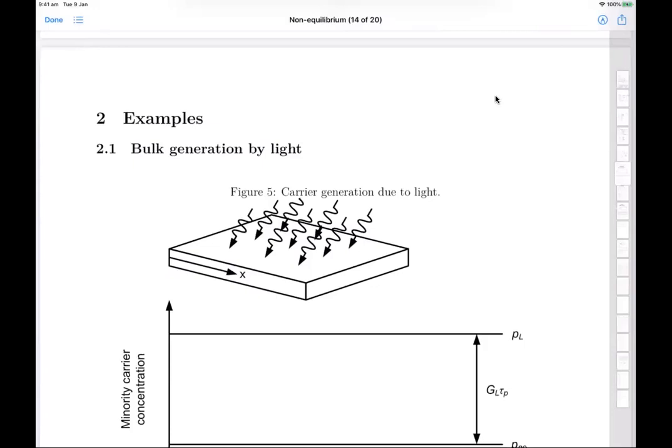This means that the population of free electrons and free holes will be much greater than the equilibrium value. However, eventually we'll get a steady state situation where the rate of generation by the light will match the rate of recombination.